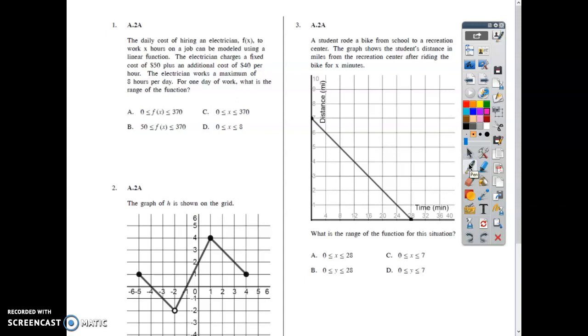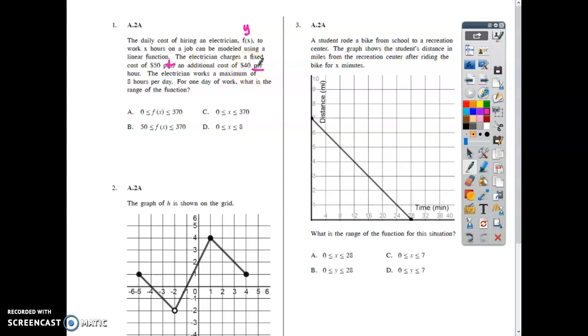So problem number 1 says the daily cost of hiring an electrician, f of x, which really is the same thing as y. So make sure that you know that. To work x hours on a job can be modeled using the linear function. The electrician charges a fixed cost of $50 plus an additional cost of $40 per hour.